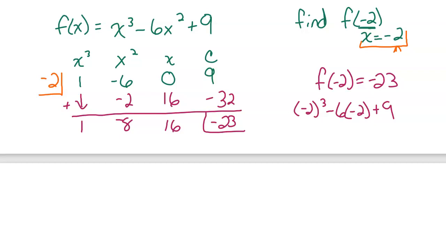And so when we're looking at this, we should come up with the same number. When we plug in this negative 2 into our equation, we get a negative 23 as well.